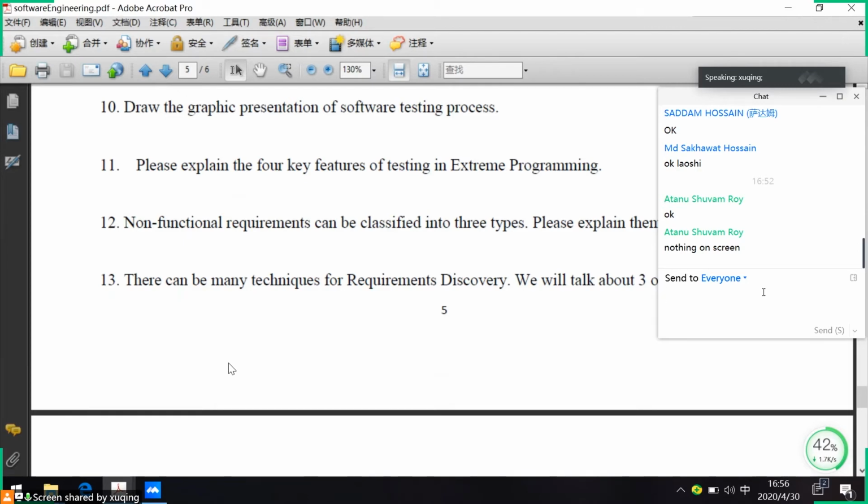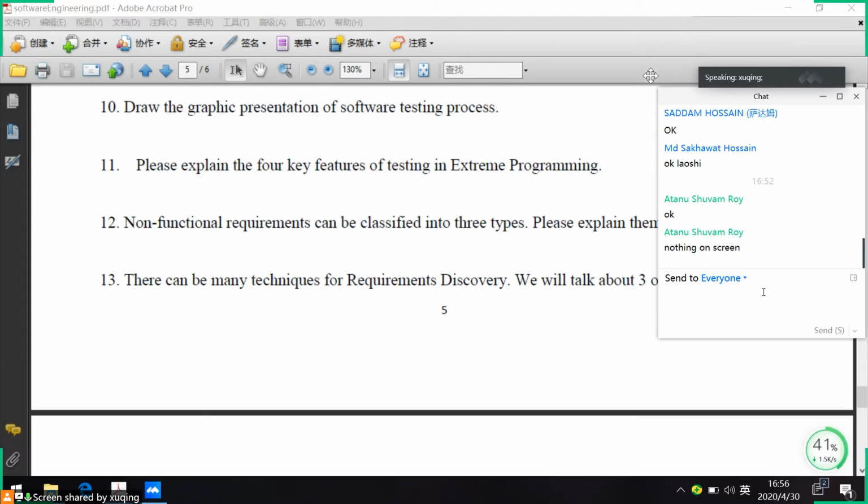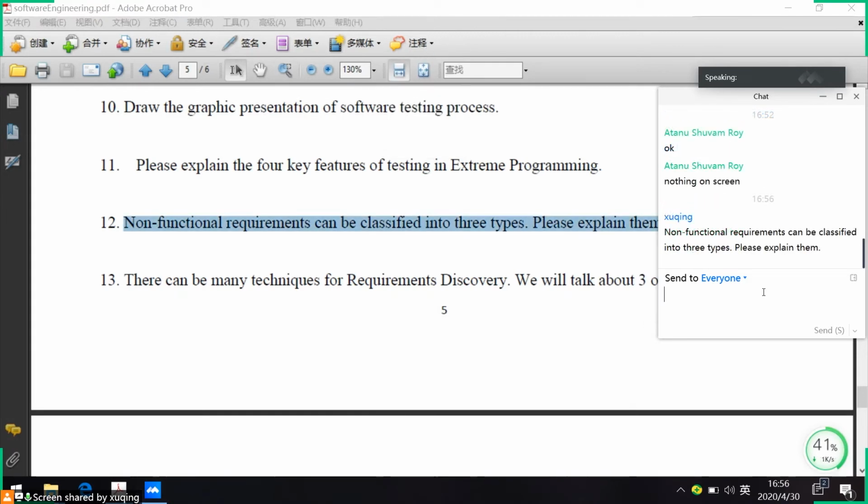We can also easily find it in chapter 4 for non-functional requirements. Do you remember the three types of non-functional requirements?